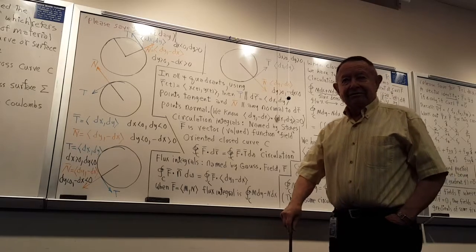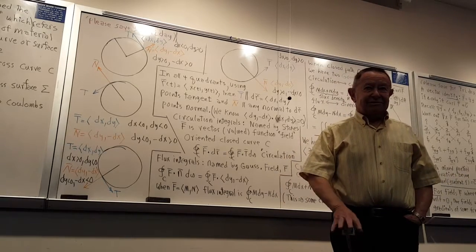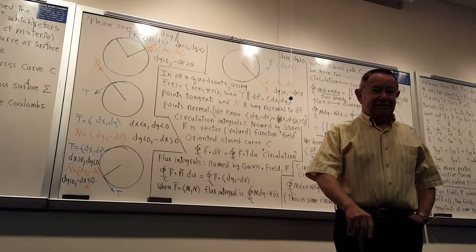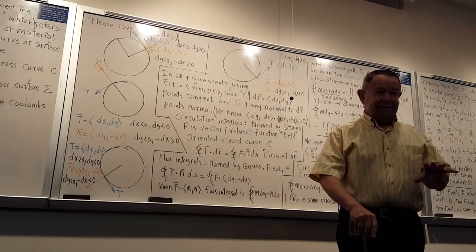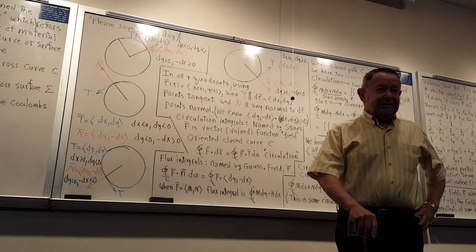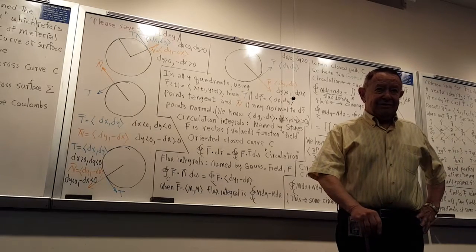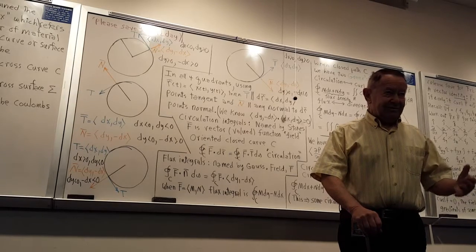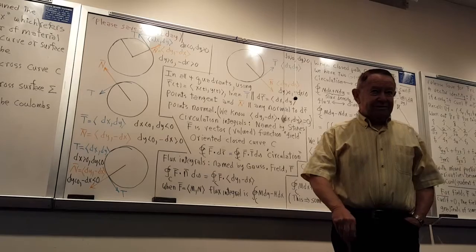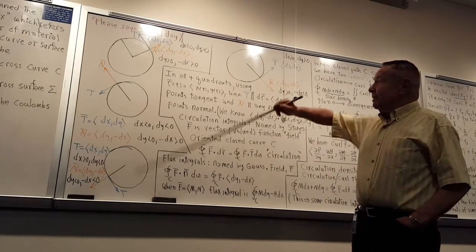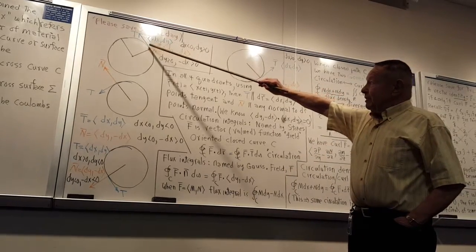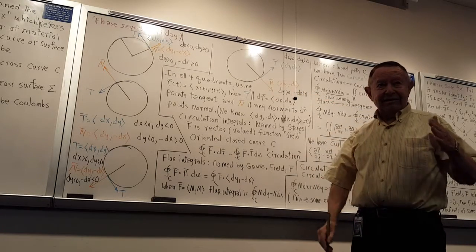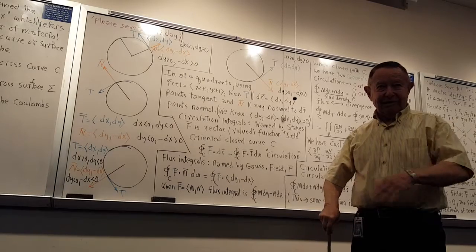And as you know from chapter 13, when you have a position vector r of t, the dr dt is going to point tangent to the curve, and dr dt over its magnitude is the unit tangent. So as a differential form, this would point tangent because it's dr, where r is x comma y.